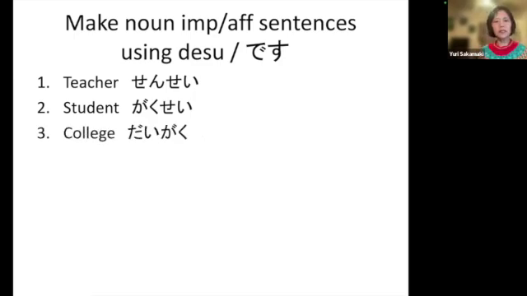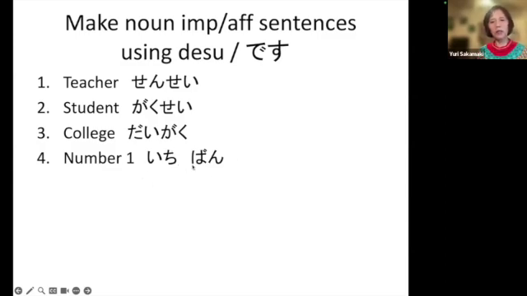Okay, and then if you're presenting a building or a system and you want to say it's a college, you can say 大学です. Or if you want to say someone is number 1, then ichi is 1, and ban is a suffix for number 1, number 2.